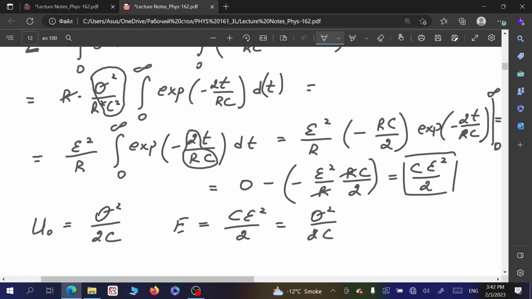And another option which could be considered, keep in mind that ideal dielectrics do not exist, even though we consider that resistance of the capacitor is equal to infinity.